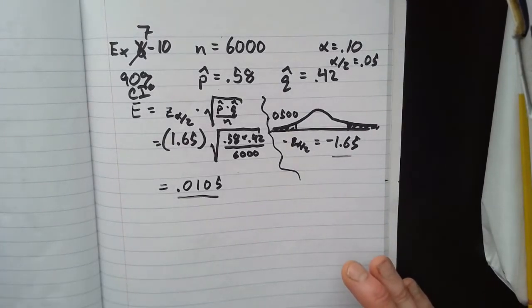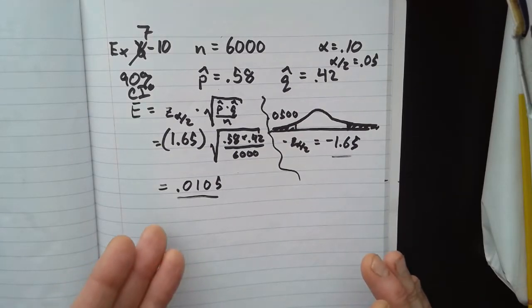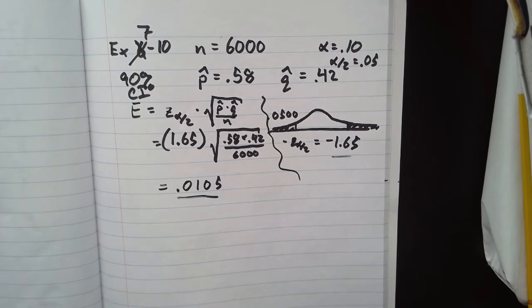In the past couple of sections, when we've been trying to find the confidence interval for a mean, usually the margin of error is some larger value. Why is it small here, and why are we okay with that here? Well, here's why. It's because this is the margin of error for a proportion.